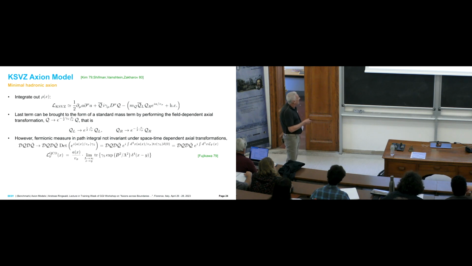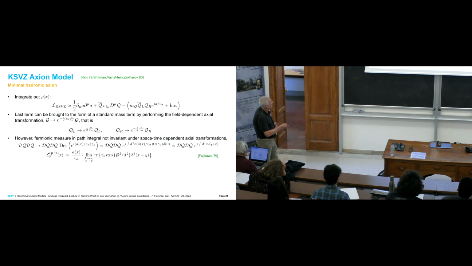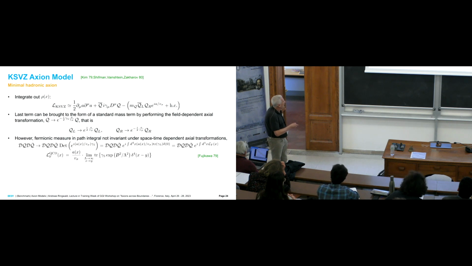And so in a sense, this L_F is not just a of x over V sigma times this trace gamma 5 delta. He regulated these infinities by a heat kernel method, and so there is a parameter lambda.